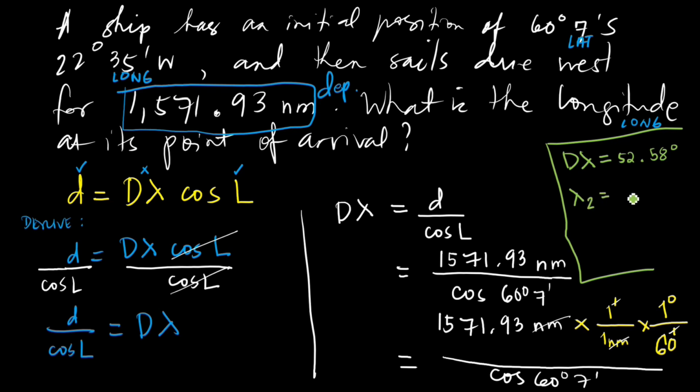So we have the second longitude. It is the first longitude plus the difference in longitude. Okay? If the first longitude is 22 degrees and 35 minutes, we're going to add the 52.58 degrees. So the second longitude would be, you just use your calculator, 75.1665.